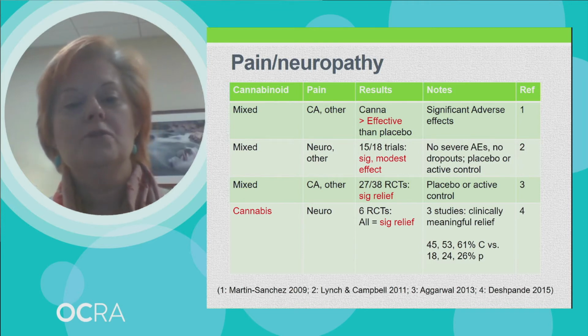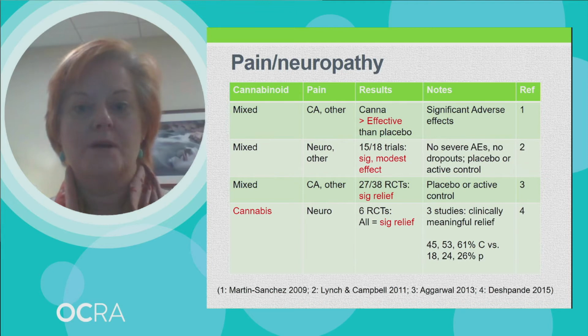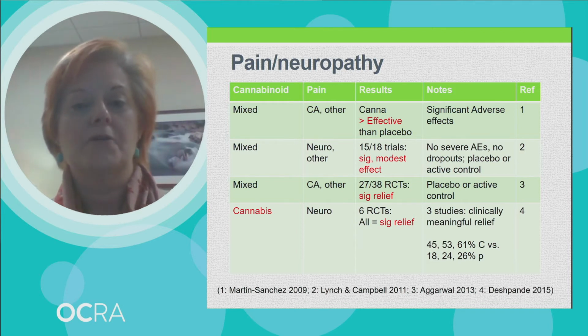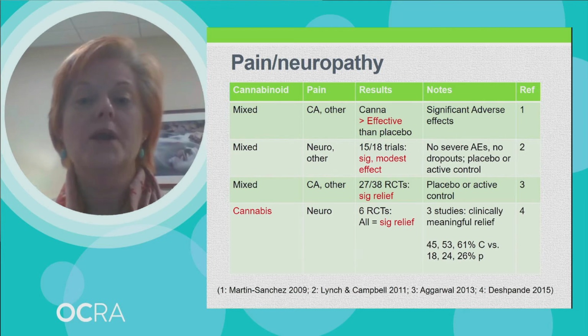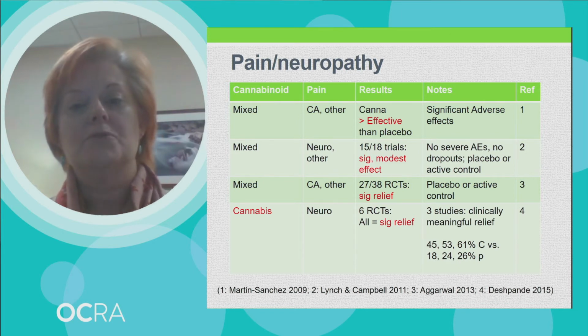And then in the third review, 27 out of 38 randomized control trials, which is sort of a gold standard for research, found significant relief when various cannabinoids were used for cancer or other types of pain against a placebo or an active control, which may have been an opioid. And then finally, there's a review of 6 randomized control trials looking at cannabis itself, whole cannabis, against neuropathic pain.